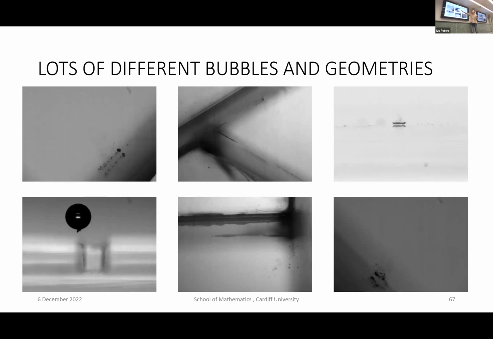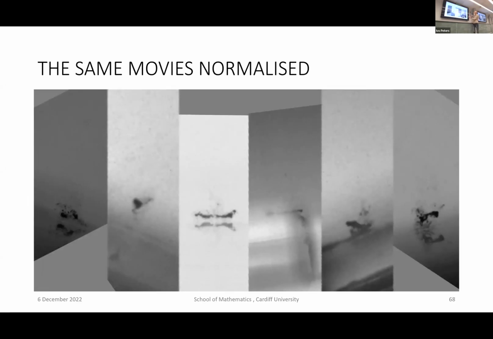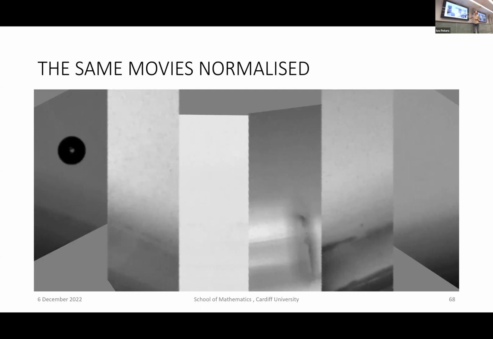So the only thing that all these experiments have in common, they're all in different geometries, is that they all operate at the same value of the anisotropy parameter. And what that means is that if you normalize their size and their timing, they all behave almost identically.